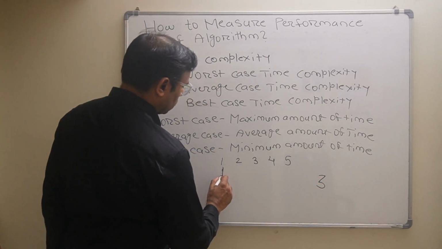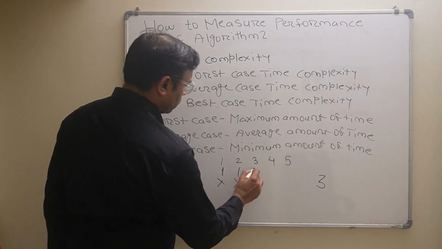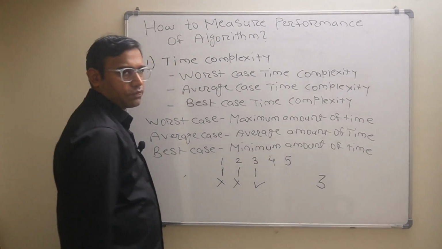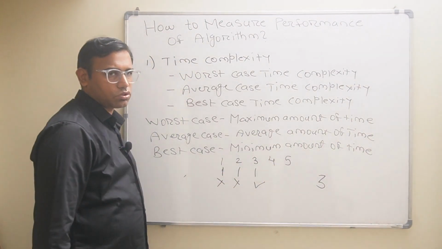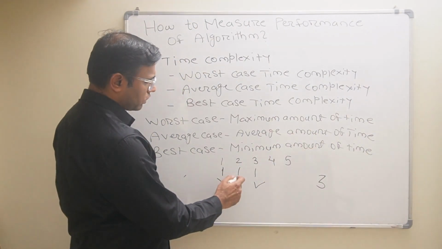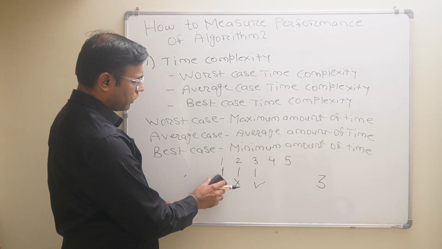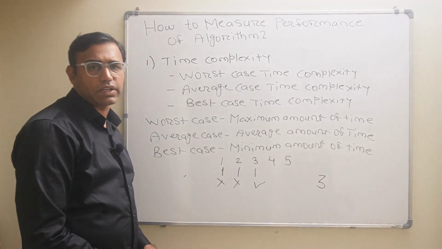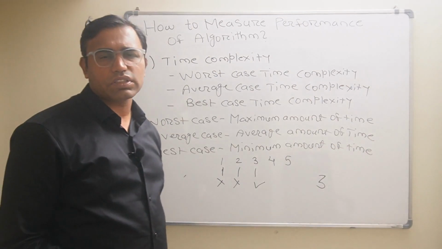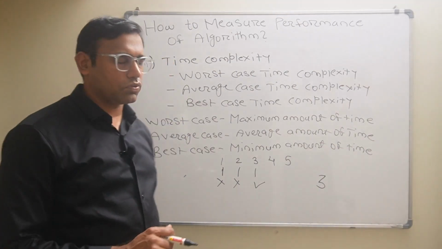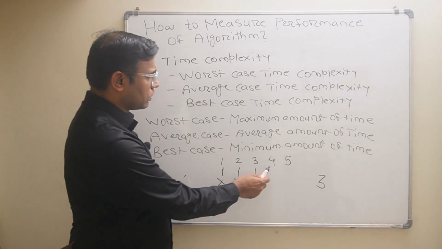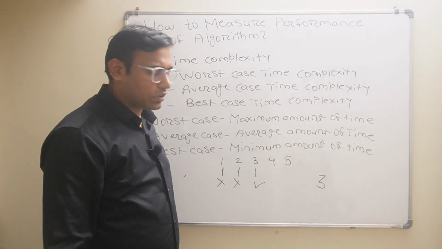It will check 1, no answer, 2, no answer, 3, you get it. So this is the average case. Similarly, if you search for 2, you skip 1 and then at position 2 you find the answer. This is the average amount of time taken. So searching for the elements 2, 3, or 4 is the average case.